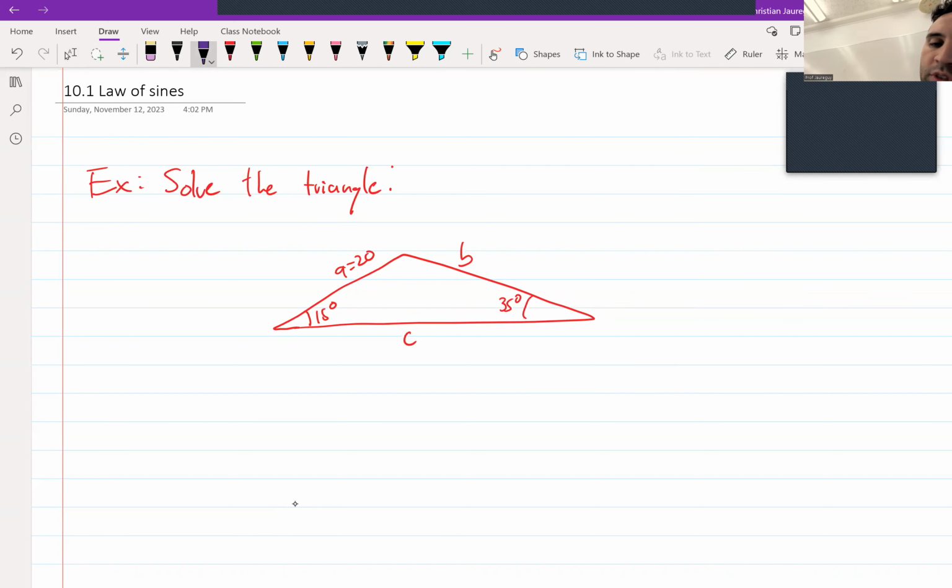Some of us who see the pattern might notice that what I can do is make two right triangles and then solve from there. So we can make two right triangles and solve.